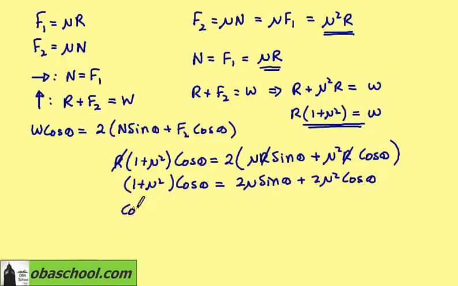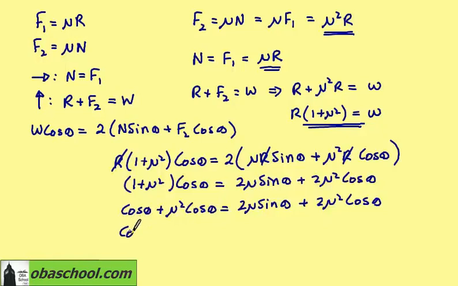Expanding this bracket gives us cos theta plus mu squared cos theta is equal to 2 mu sine theta plus 2 mu squared cos theta. Subtracting 2 mu squared cos theta from both sides gives cos theta, take away mu squared cos theta, is 2 mu sine theta.